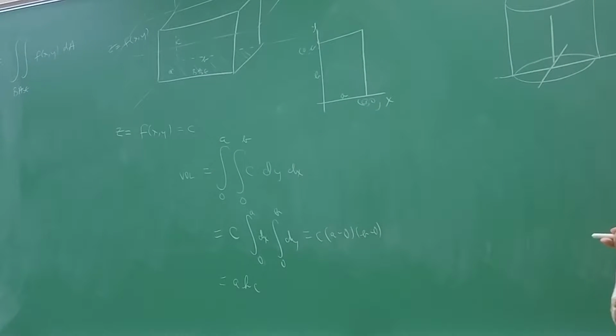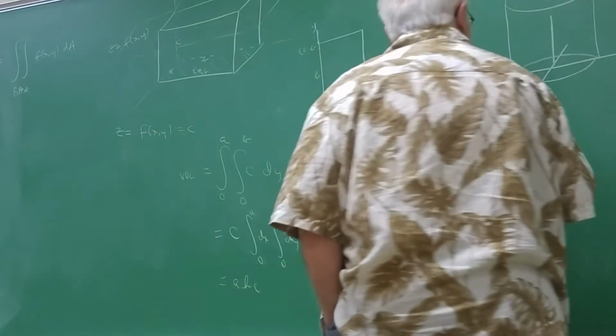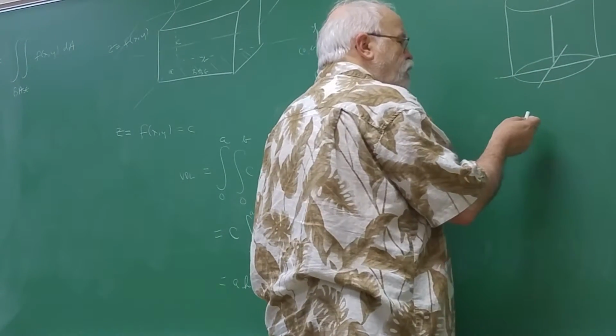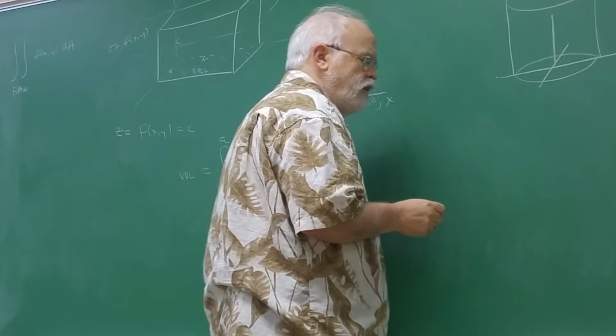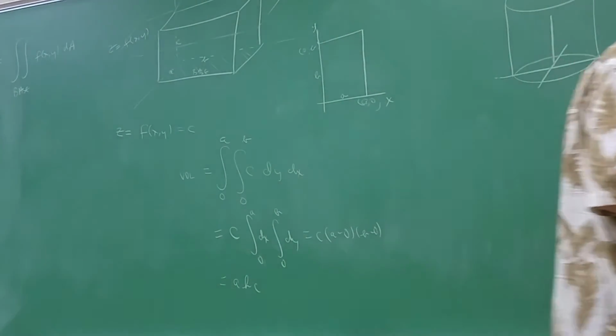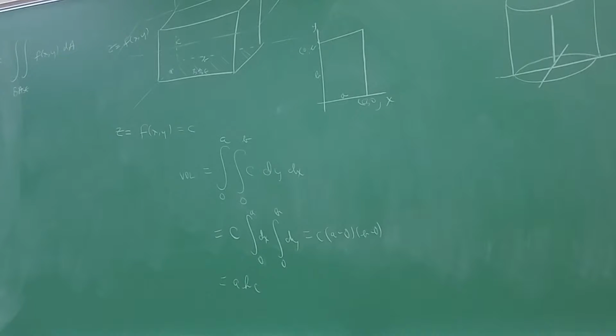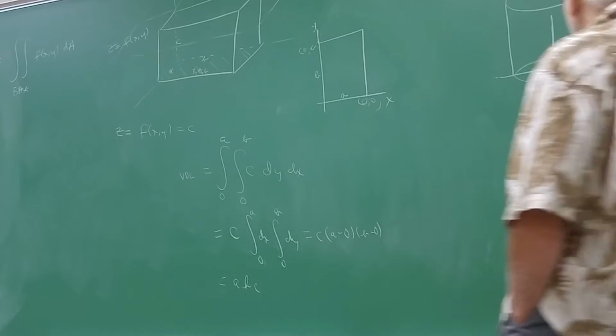So this would be an obvious way to set up the cylinder. Let's see. Again, I don't like to use R for radius in Calculus 3, so I'm going to do what I always do and use A for radius.